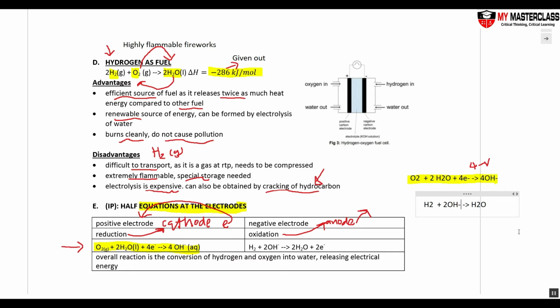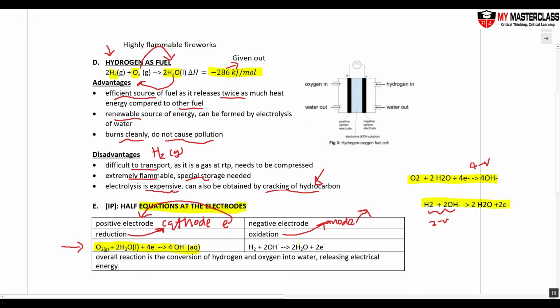On the left side of my half equation, the charge is 2 negative. This part is neutral, so I have to add 2 electrons. So this part is losing electrons, and this part will gain electrons. This is my half equation.